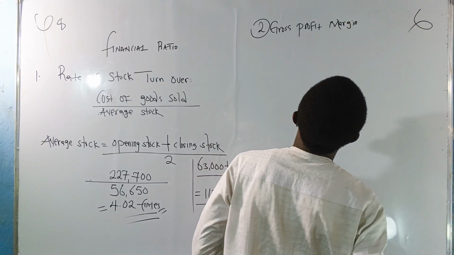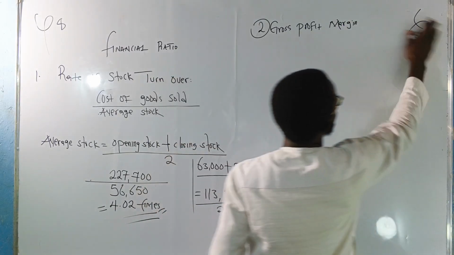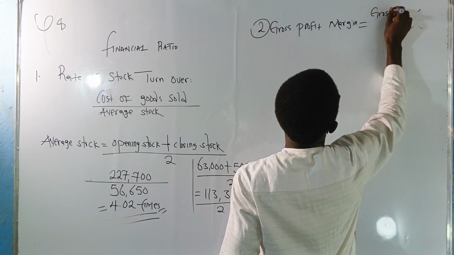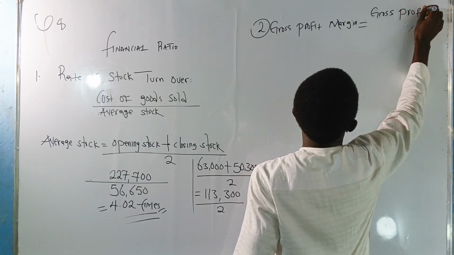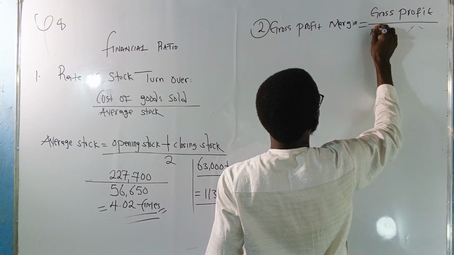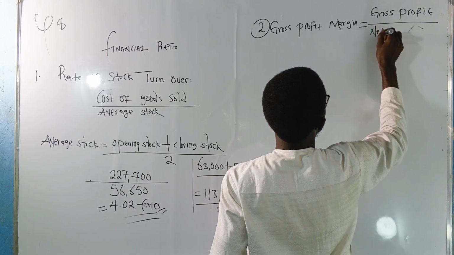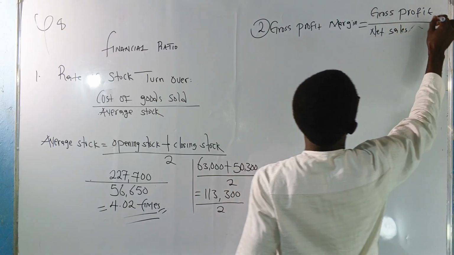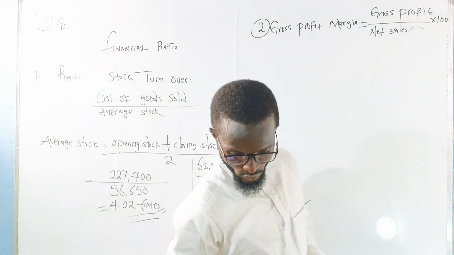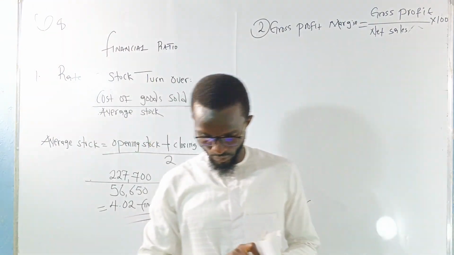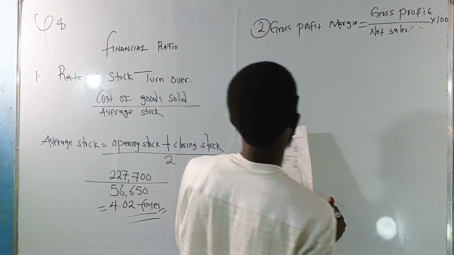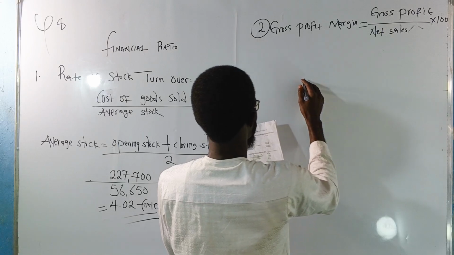The formula for this is gross profit over net sales times 100. Gross profit over net sales times 100. So our sales is here, 418,350.